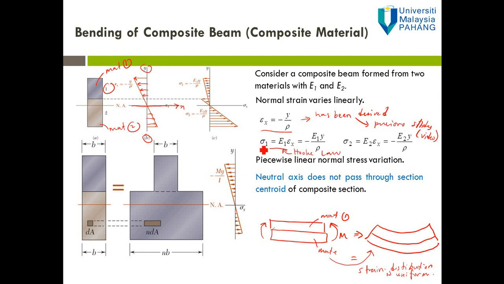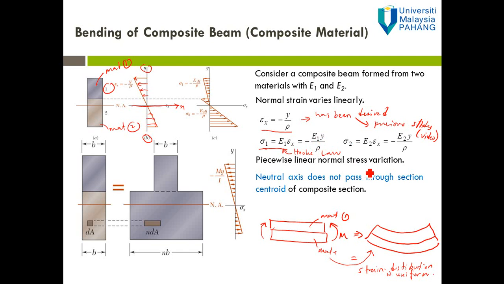So the stress is equal to E1, Young's modulus, times epsilon x. If we replace epsilon x by y over rho, we get sigma 1 equal to minus E1 y over rho.